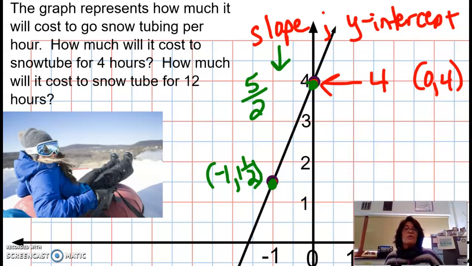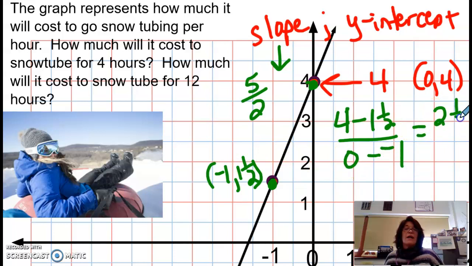So I always could just subtract my y coordinates: 4 minus 1.5, divided by the x coordinates: 0 minus -1. So I get 2.5 over, minus a negative, that's plus, 2.5 over 1. Yep, that's 5 over 2. Any way I do it, I get 5 over 2.